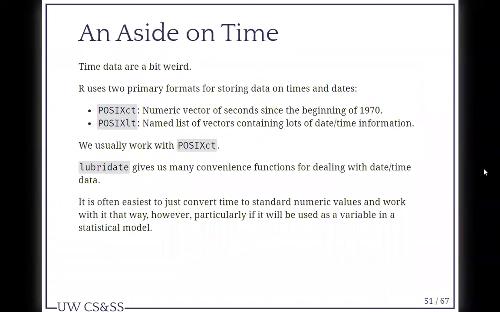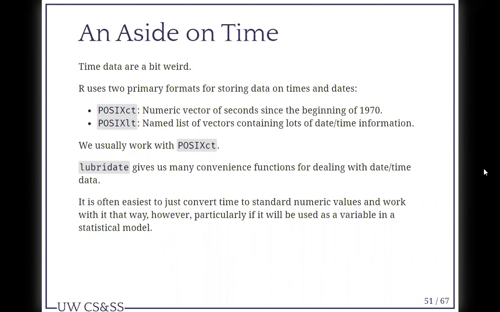An aside on time. Time data are a bit weird. R uses two primary formats for storing time data on times and dates. There's POSIXct, which is the one you're basically always going to see. This is a numeric vector of seconds that begins with 1970. And if you have a time that's prior to 1970, it'll be negative.